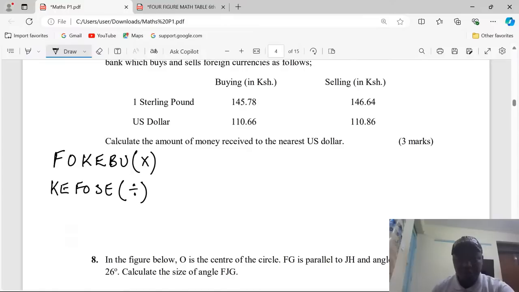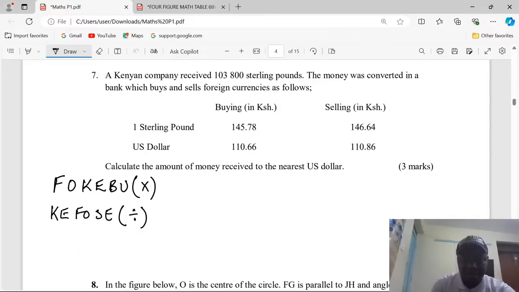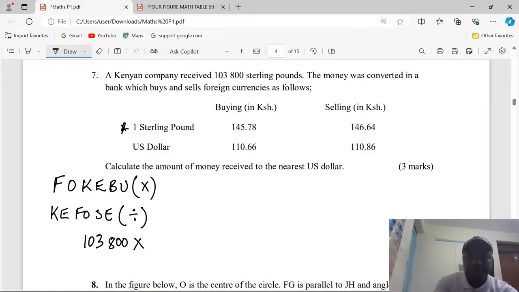Therefore, the amount in sterling pounds, because it's foreign to Kenyan, we use the buying column for sterling pound. The bank is buying. So 103,800 should be multiplied by 145.78 so that you may get Kenya shillings.